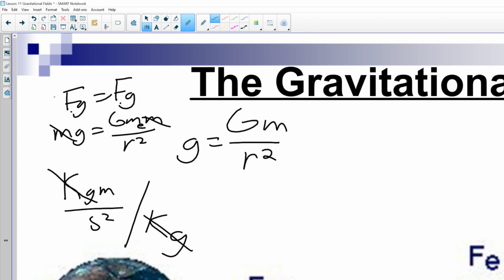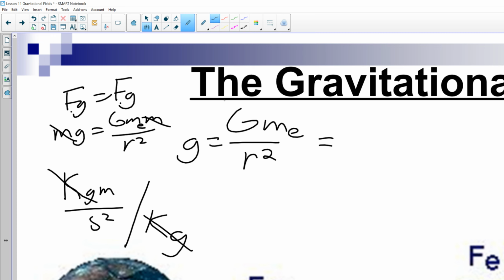All right, so if we do this calculation with the numbers we have on our formula sheet, what number should we theoretically get? 9.81. Theoretically, that's what we should get, right? Look on the back of your formula sheet. What does it say? It says mass of the Earth, 5.98. What does it say for Earth's radius? 6.37 × 10⁶.